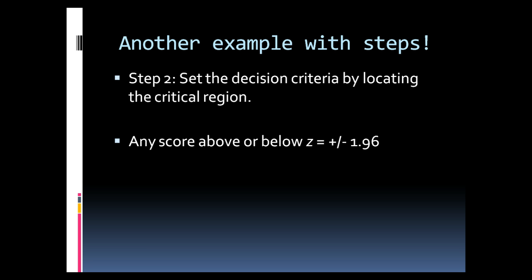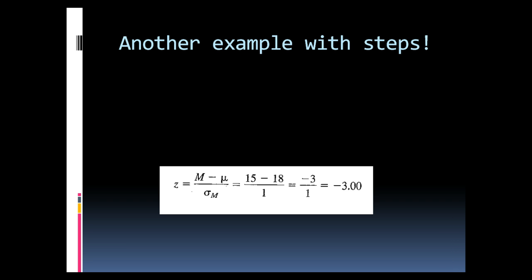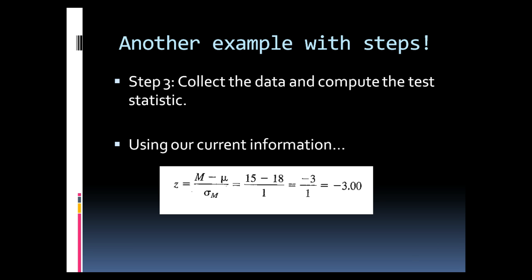And we set the critical region. In this case, it'll be alpha 0.05 because that's pretty predominant. So any score above or below z equals plus or minus 1.96, and it's 0.025 in each tail because we're not imposing a directionality. Using the following information, 15 was our sample mean minus mu, which was 18, over 1 gives us negative 3 over 1, which is z equals negative 3.